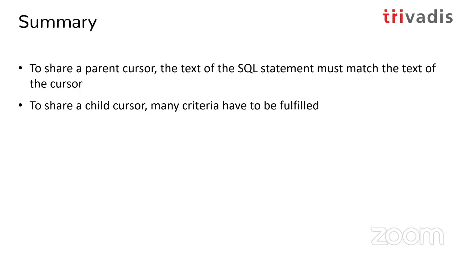If you want to share a child cursor, there are many criteria that have to be fulfilled, but remember, it's not related to the execution plan itself. It's more that the execution environment must be compatible and the parent cursor must be shareable.